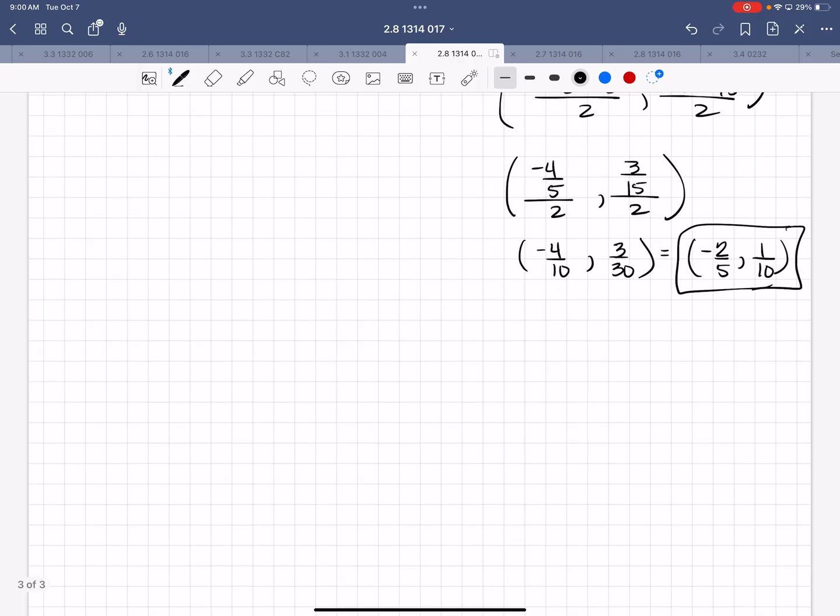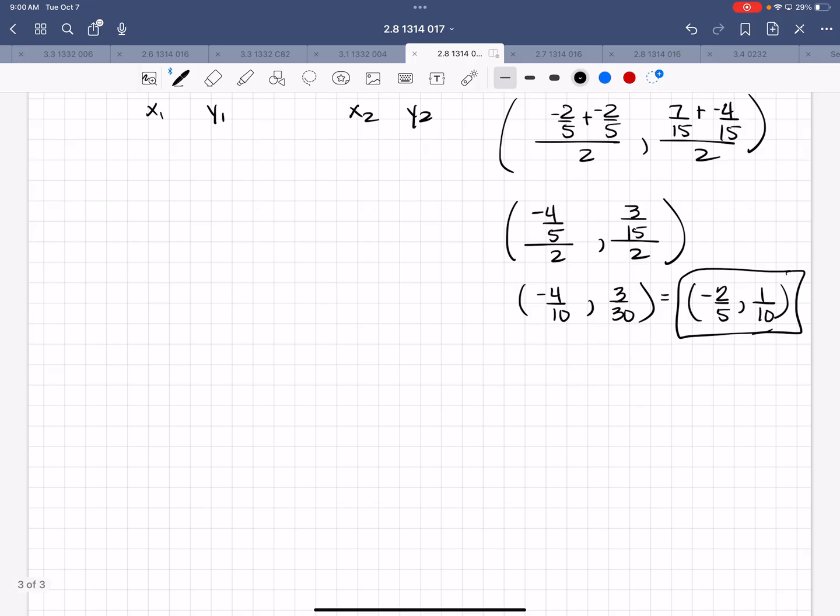Yep. And C. For C, we're still finding the midpoint. I've got (square root of 18, -4) and (square root of 2, +4).